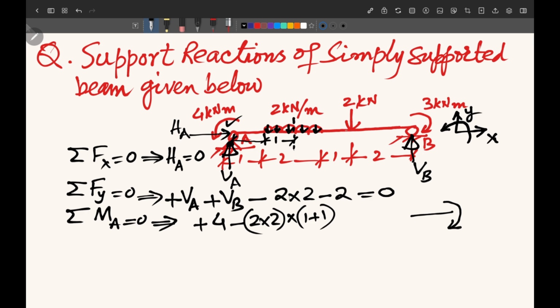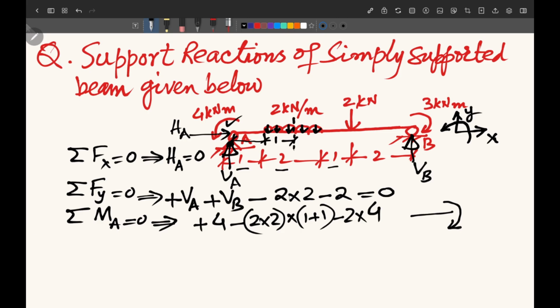Then the moment of this 2 kilonewton load is 2 into the distance, 1 plus 2 plus 1. So the total distance is 4, so minus 2 into 4.